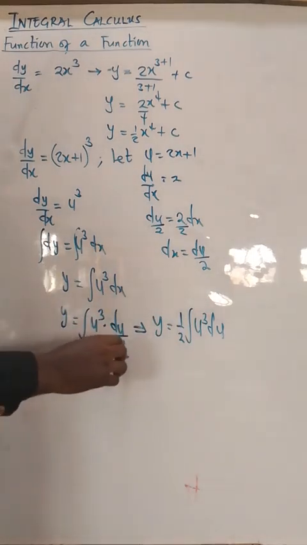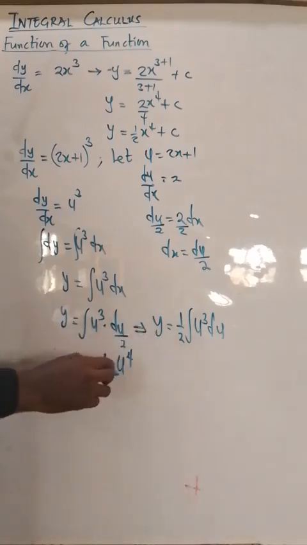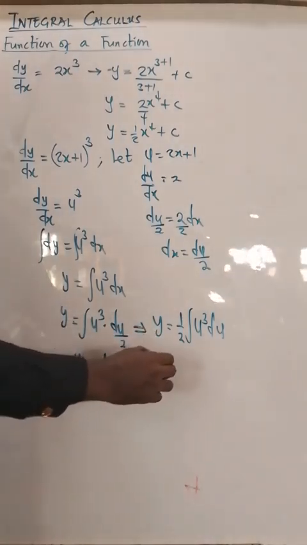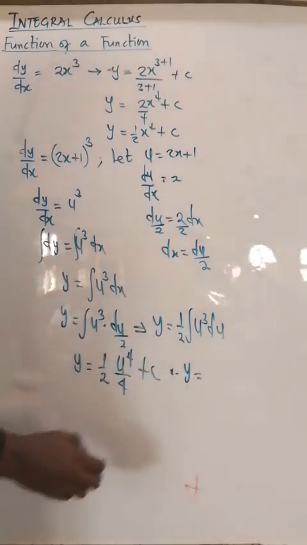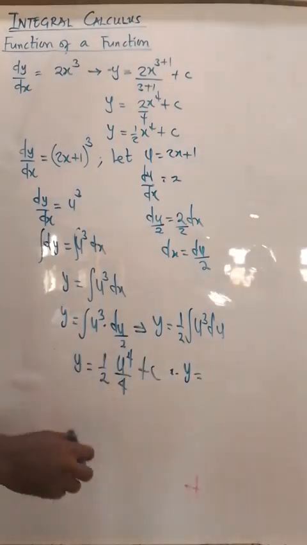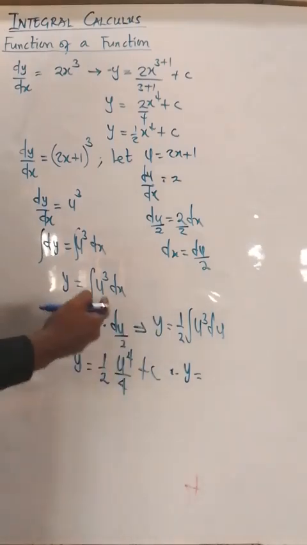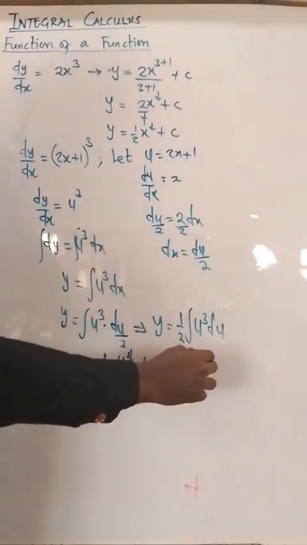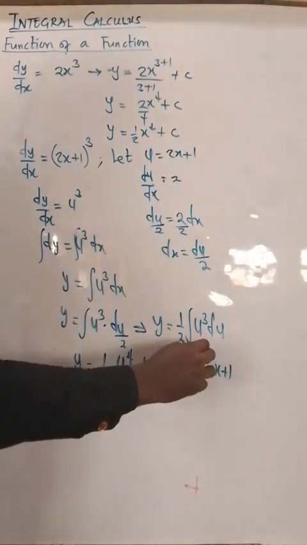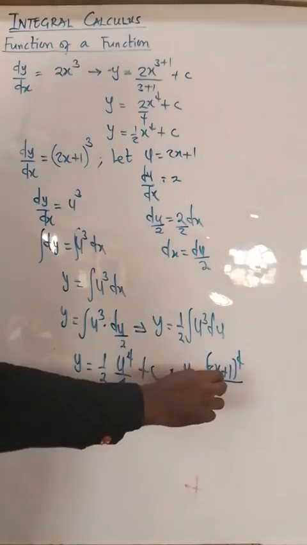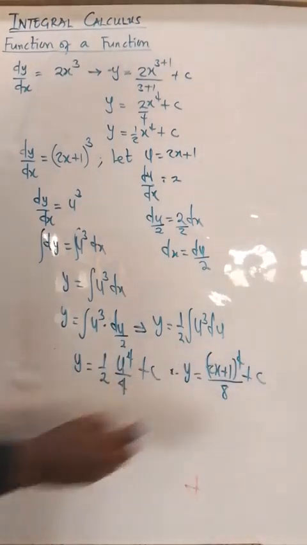That would be u to the power 4 divided by 4, plus c. So from here our y equals 1 over 2 times 4, 8. What's our u itself? u is 2x plus 1. So that would be 2x plus 1 to the power 4, all divided by 2 times 4, 8, plus c.